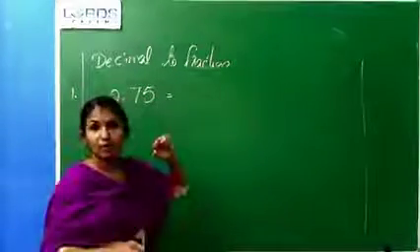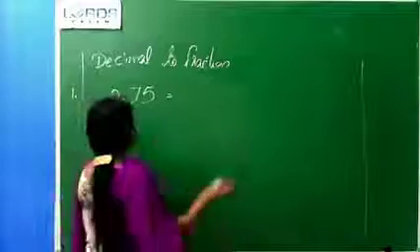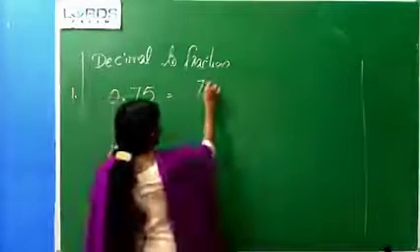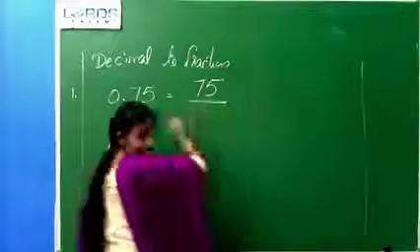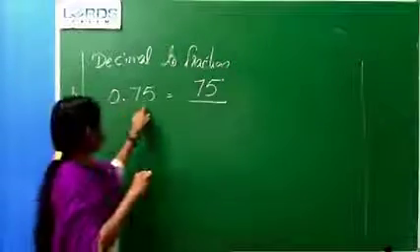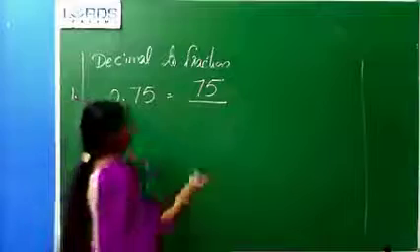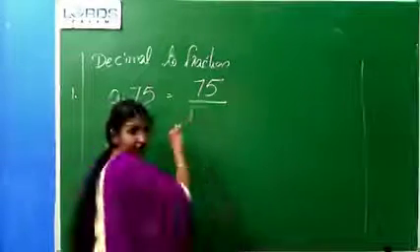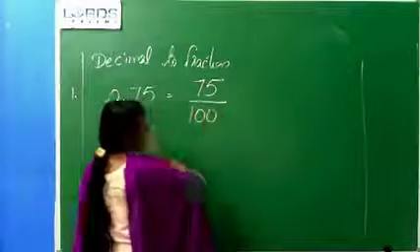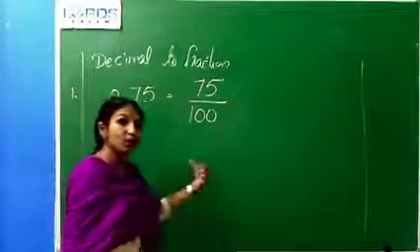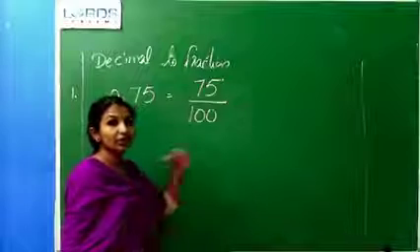Is there an integral part? No. So, decimal part is 75 by, after the point how many places? 2. So it is power of 2. 75 by 100. Now we should make it into the lowest terms.